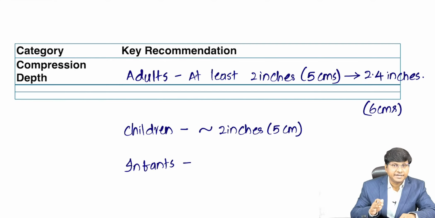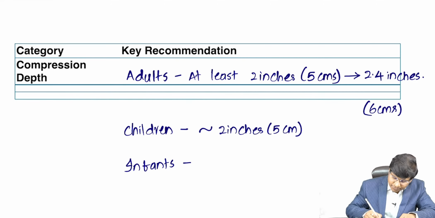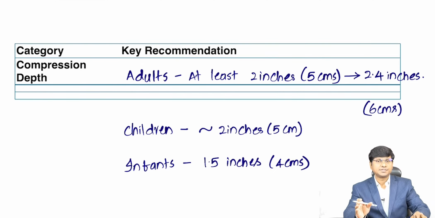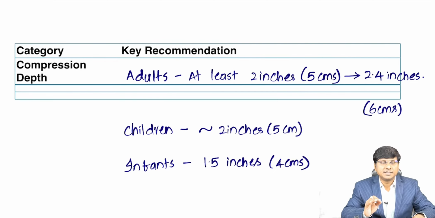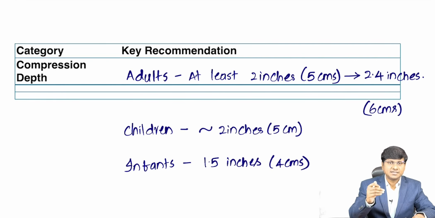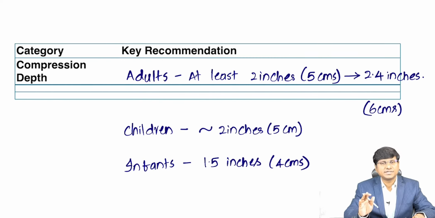In infants, the compression depth should be around 1.5 inches, which is around 4 centimeters. So this is the compression depth depending upon the age group: adults 2 inches, maximum 2.4; children 2 inches; and infants 1.5 inches.